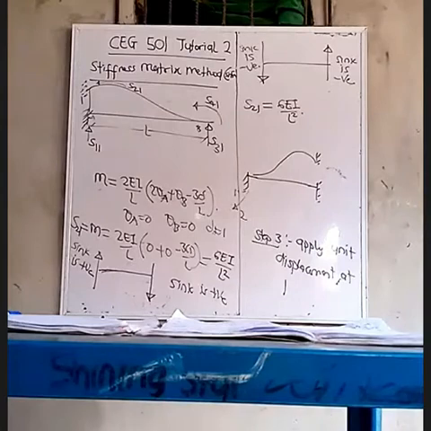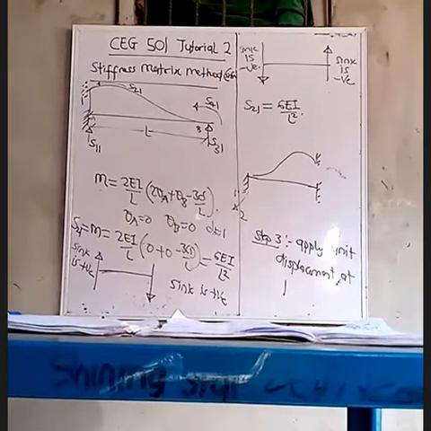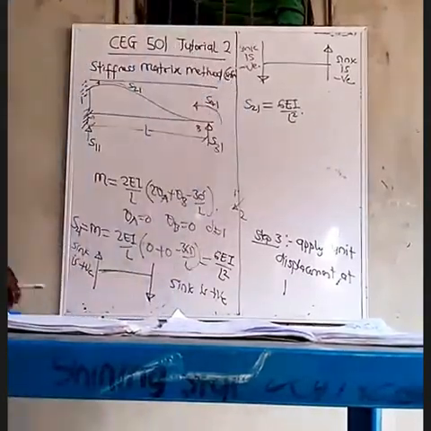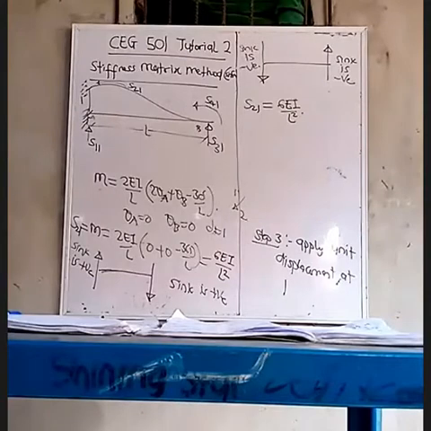Johnson, please check your diagram. Is your S31 supposed to go down according to your definition of sink being negative? Is your S31 supposed to go down? Check your diagram according to your explanation.